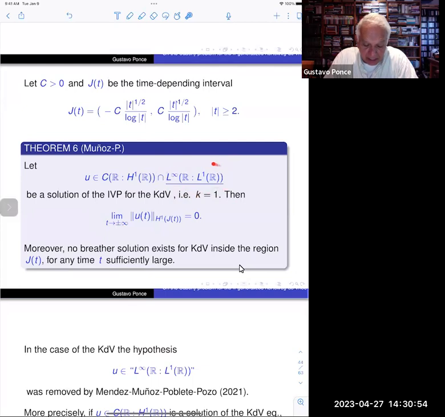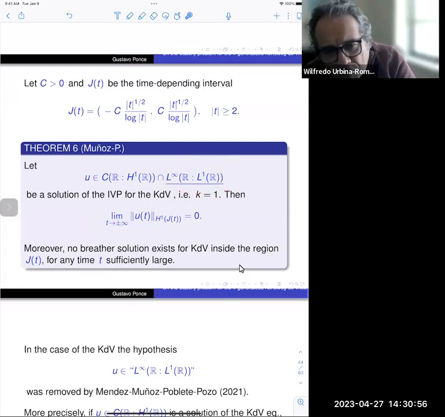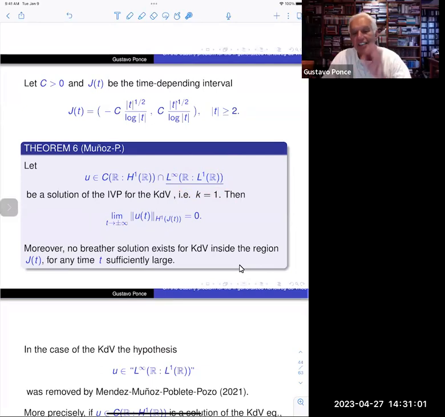It's essentially a bounded function from R to L1 of R, right? Yes, it's that the L1 norm of the solution in space is globally bounded in time. The L2 norm is bounded globally, but it is unknown whether the L1 norm is globally bounded.